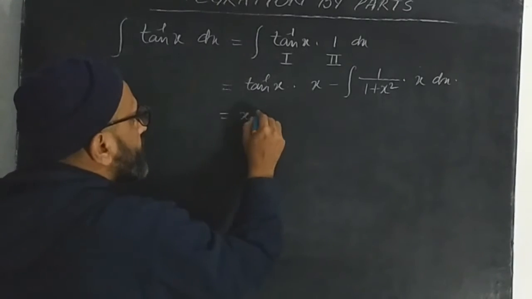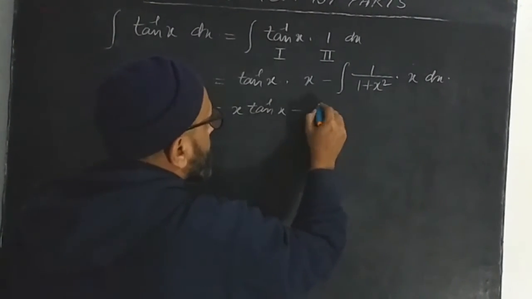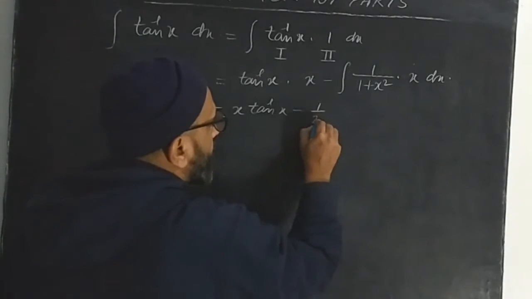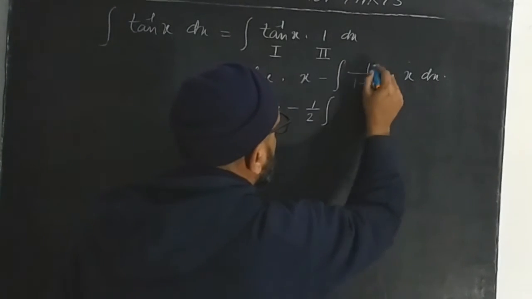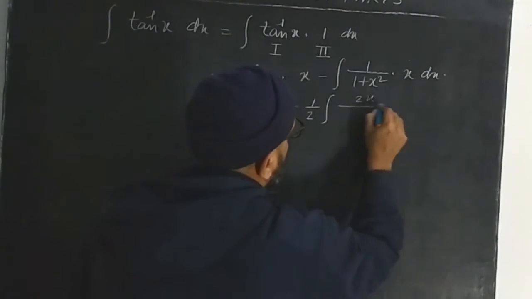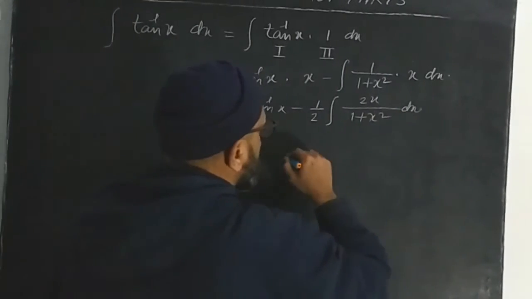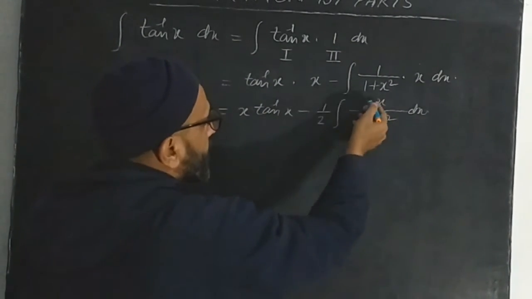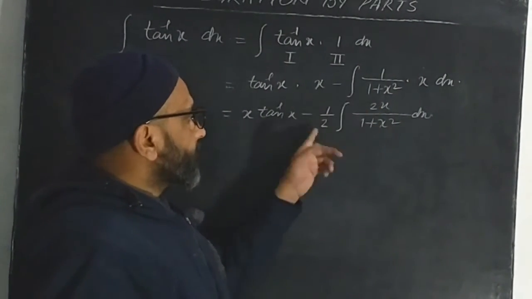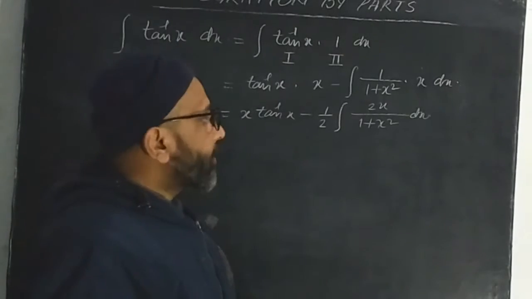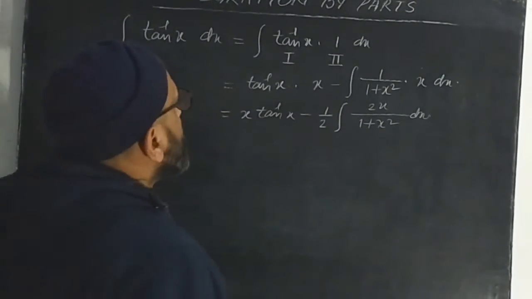So we may write it as x tan inverse x minus, writing half outside the sign of integration, we may write it as 2x in the numerator and 1 plus x square in the denominator. So what we have done is simply multiplied and divided, or we have multiplied the numerator and denominator by 2.